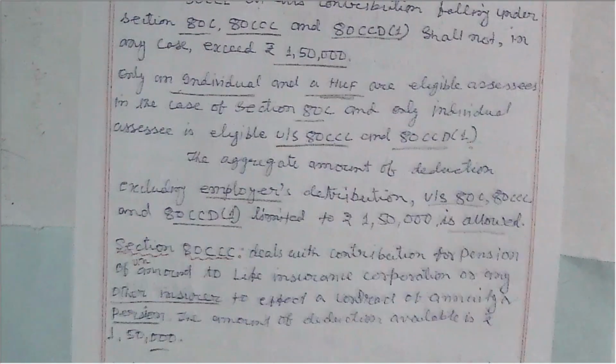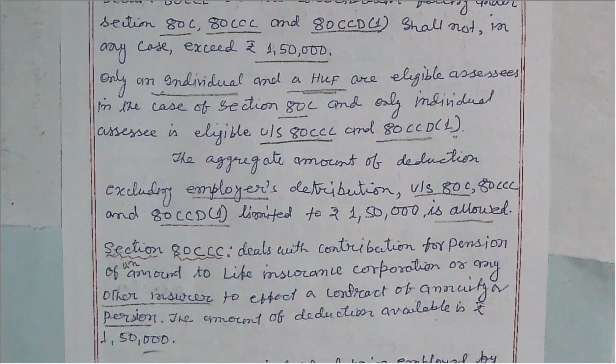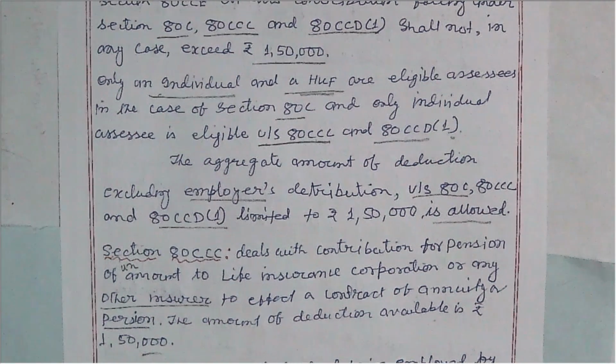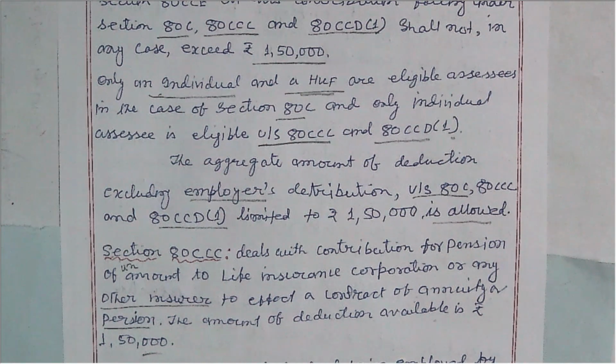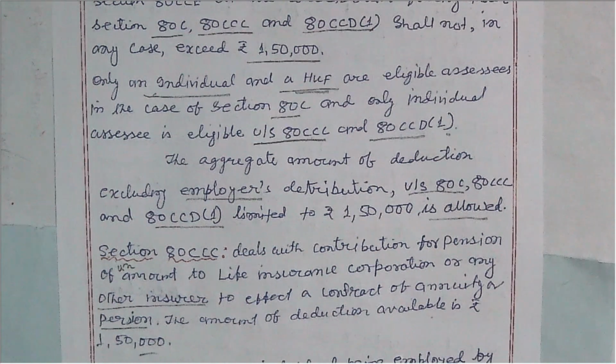As I told you, in an individual section, that is 80C or 80CCC or 80CCD1, in an individual case it is 1,50,000, and when it is aggregated, even then 1,50,000 is the maximum limit for deduction from the gross total income.